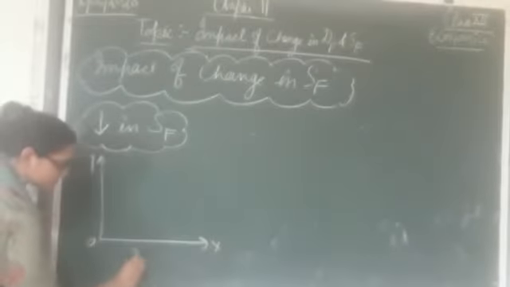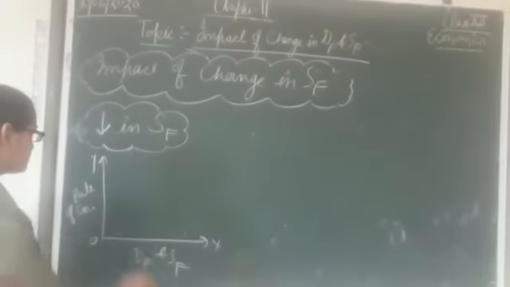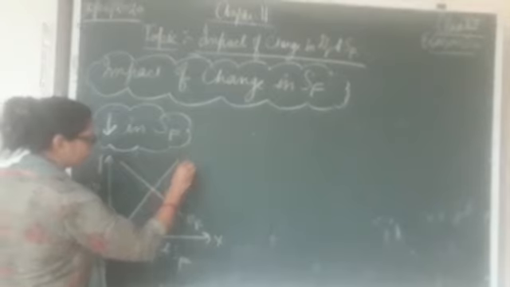The similar diagram we are preparing here. On the OX axis, demand of foreign exchange and supply of foreign exchange. Here F means foreign exchange. Clear? Here we are showing the rate of exchange, the rate at which one currency, rupees, is converted into another, that is dollar. This is the demand of foreign exchange and this is supply of foreign exchange.